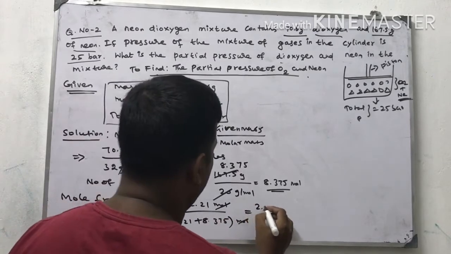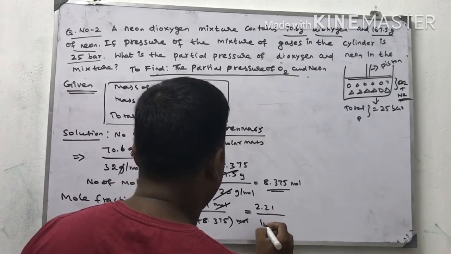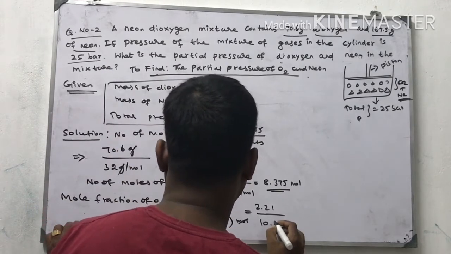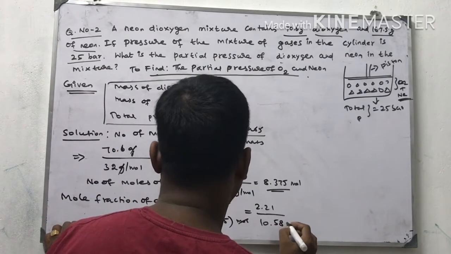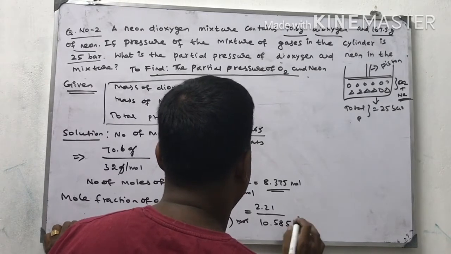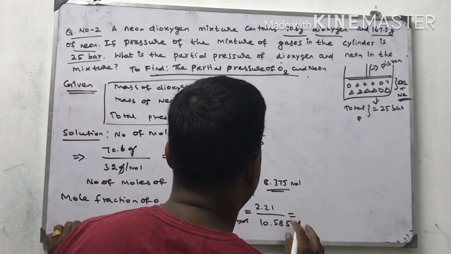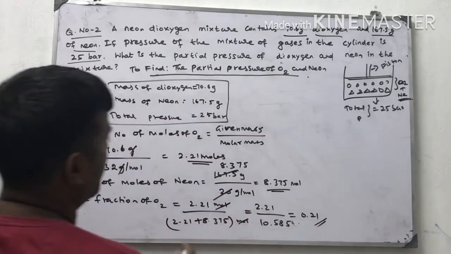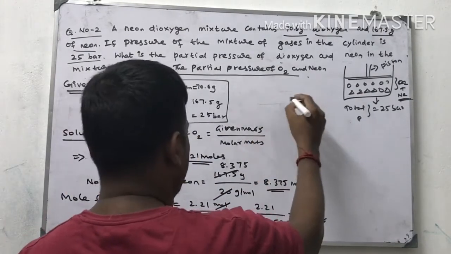I am substituting 2.21 by 10.585. We get the answer of 0.21. On simplifying, we get the answer of 0.21.